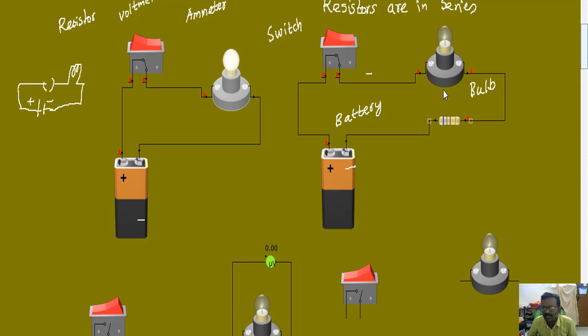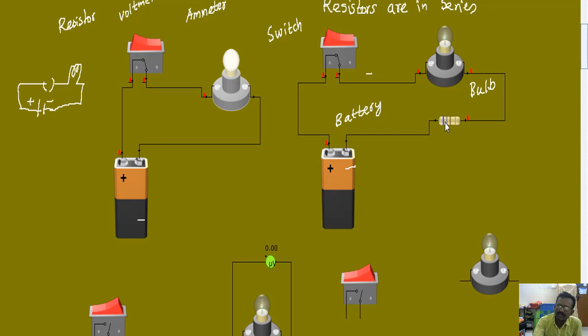Very little current is flowing, so the bulb will not glow. The voltage across the resistor is 8.96 volts, and the current is only 13 milliampere, which is not enough to make the bulb glow.